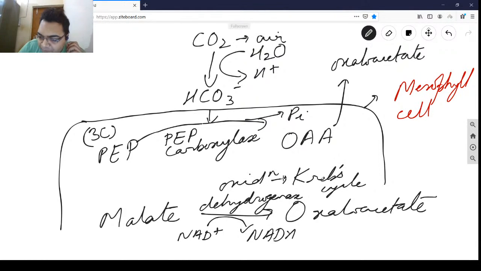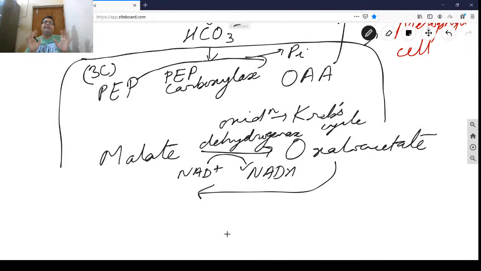Now, can we go for the reversal of this event? The answer is a resounding yes. Why? Because dehydrogenase can catalyze both the reactions depending on the concentration. If malate concentration is more, it will forward it to oxaloacetate. If oxaloacetate concentration is more, it will reverse it to malate, depending on NAD plus or NADH availability.